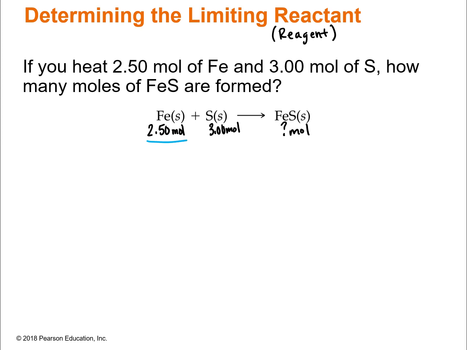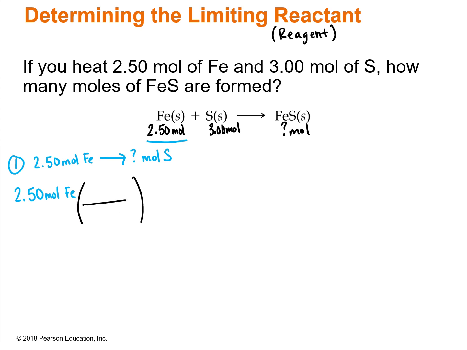I'll do the first one in blue. The first question we're asking is, if I had 2.5 moles of iron, how many moles of sulfur could I make? Well, I need a mole ratio. What I need to find is the number of moles of iron 2 sulfide.